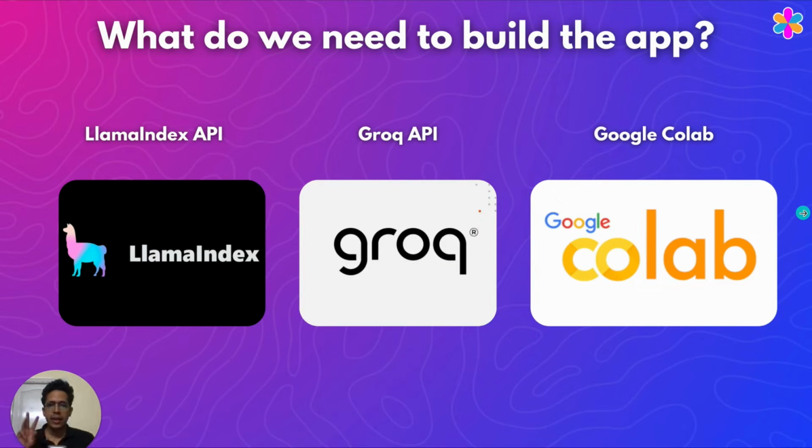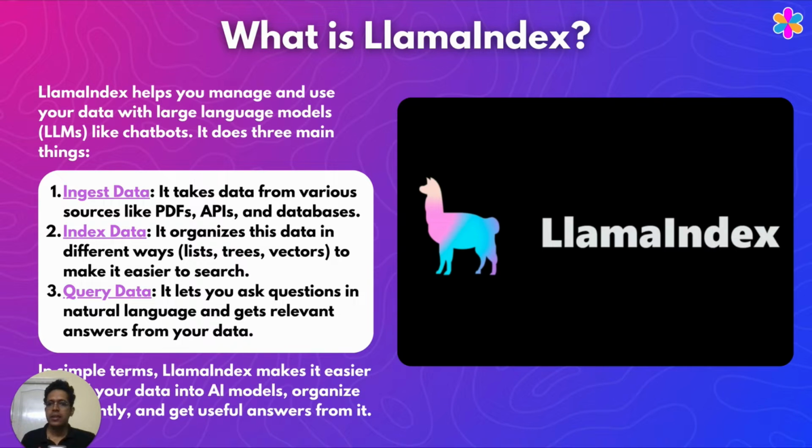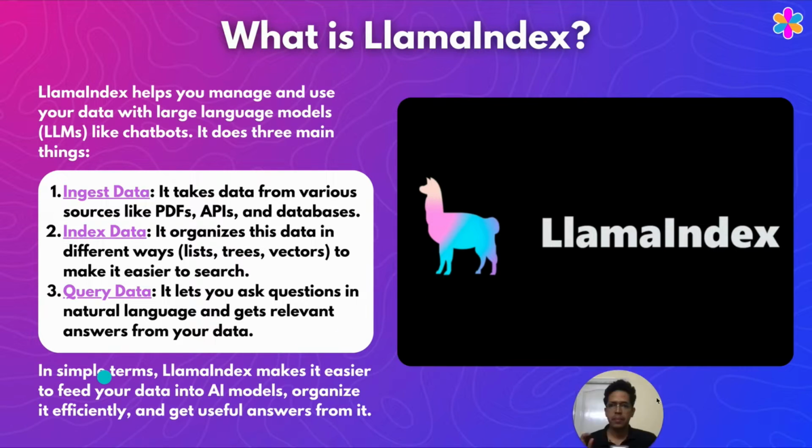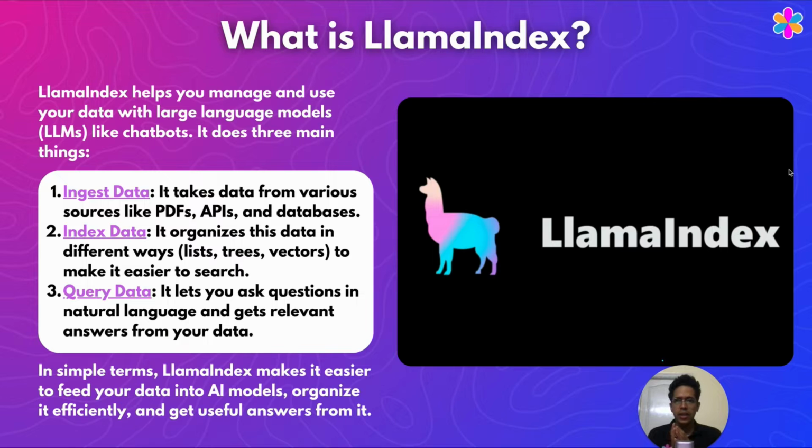And we will need three things to build the application that we are building today. One is the llamaindex API, the groq API, and Google Colab. Let's look at what is llamaindex and what is groq. So llamaindex is a platform that helps us manage data for processing by LLMs or chatbots.